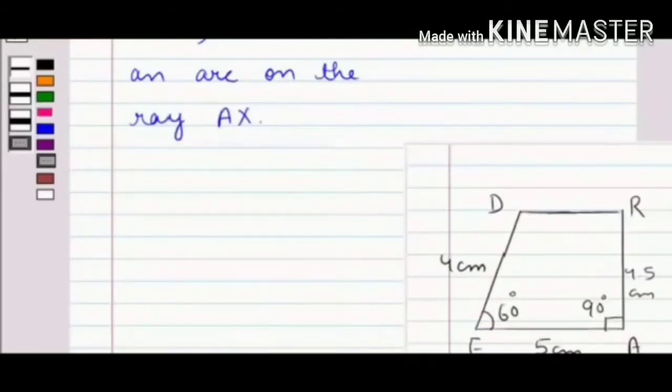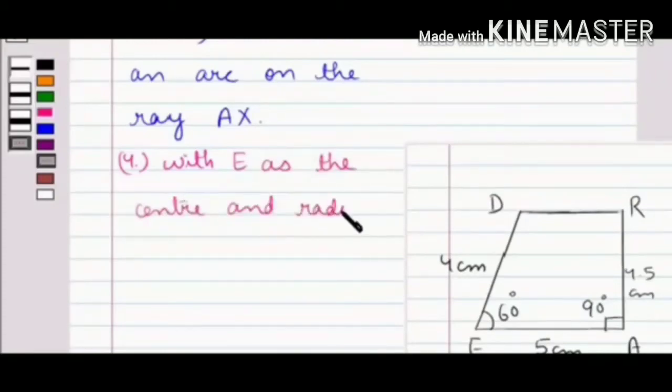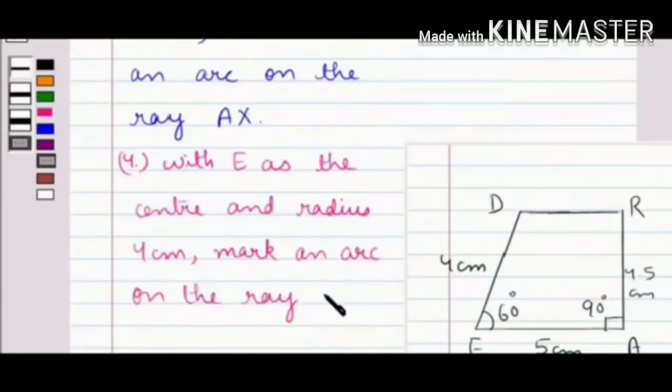Now our next step is to locate the point D where DE is 4 centimeters. So we can write, with E as the center and radius 4 centimeters, mark an arc on the ray EY.